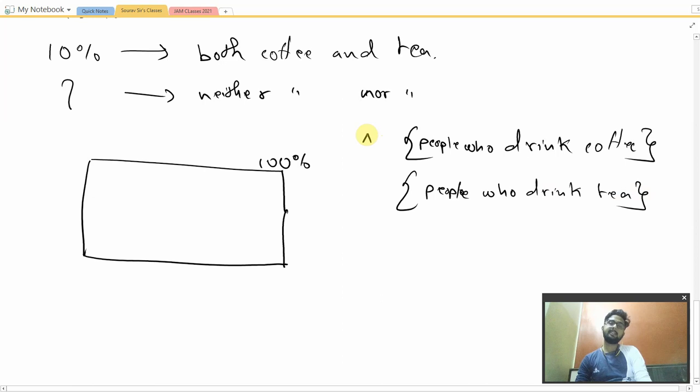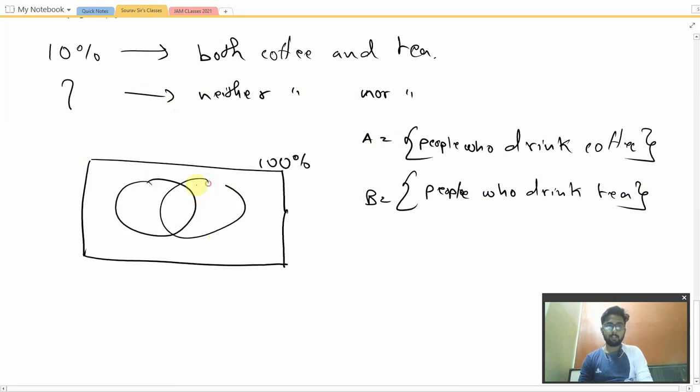Let us call this set A and this set B. These sets are overlapping because 10% of the population drink both coffee and tea. So we will be drawing two overlapping circles. This circle is named A and this circle is named B.